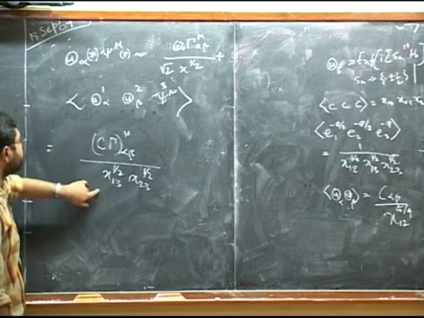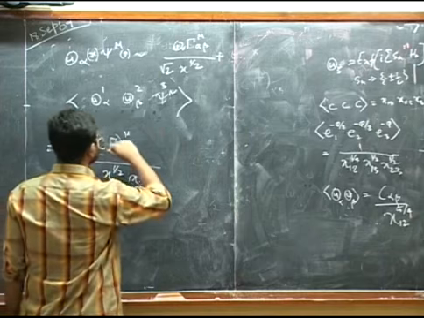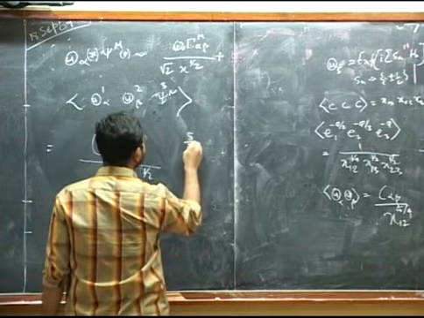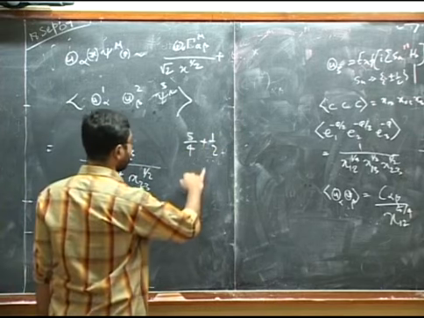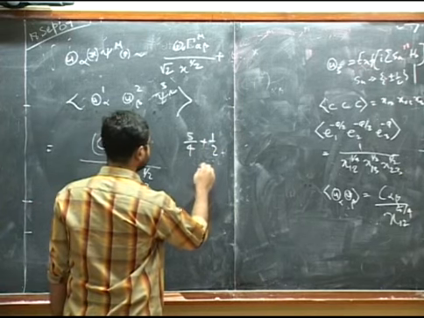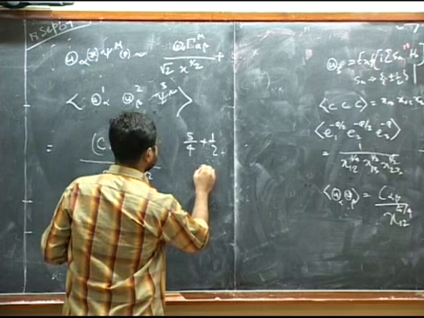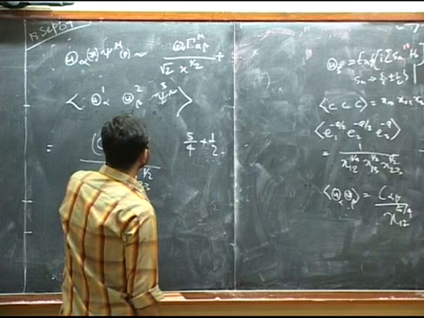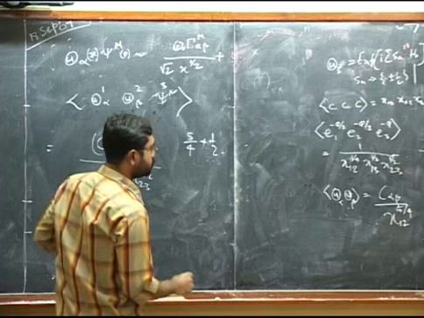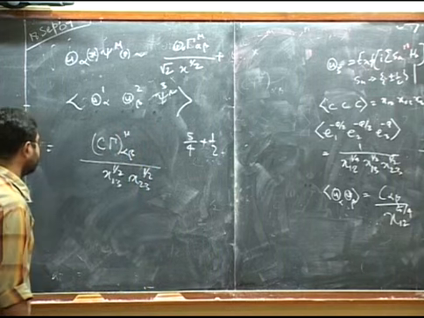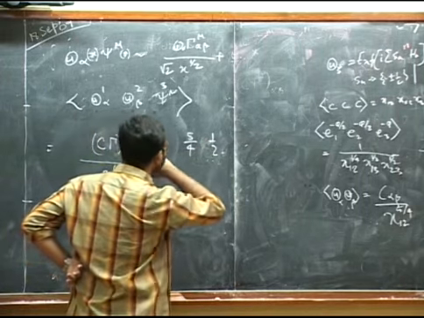So the rest of the dependence will be determined by the conformal invariance, which in this case is 5 by 4 plus half, and so this is 5 by 4.